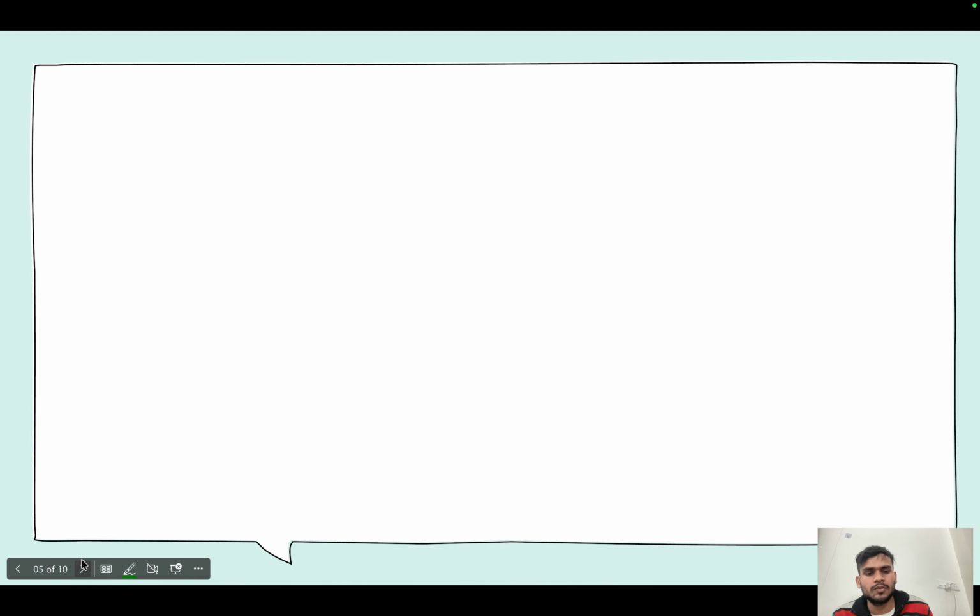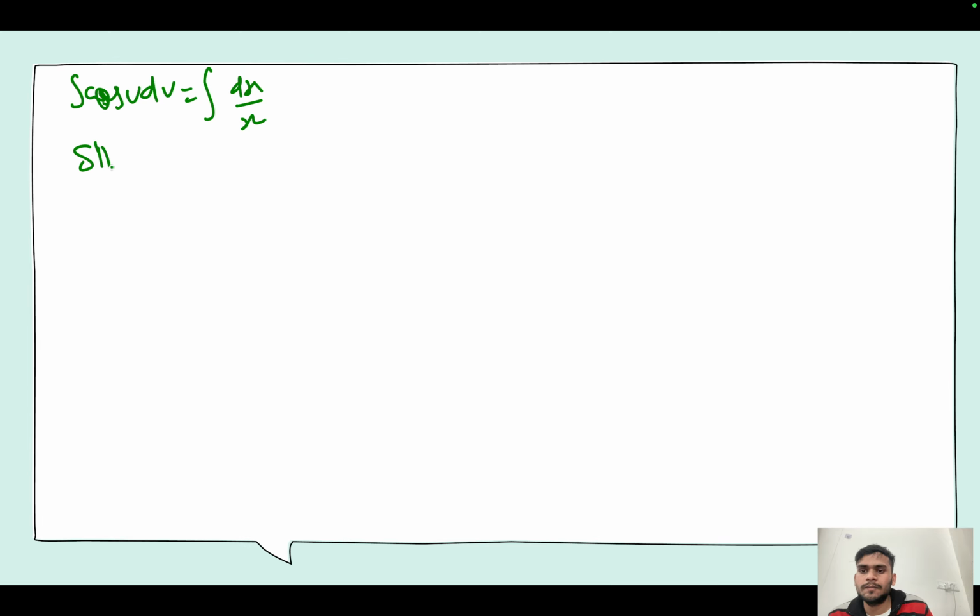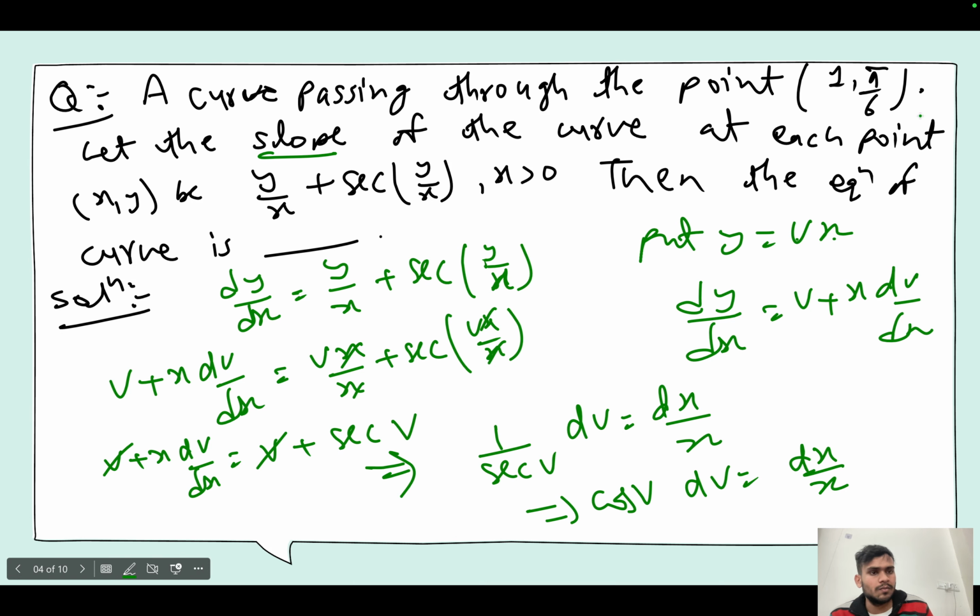Now integrating on both sides, after the integration cos v dv is equal to dx by x, this will become sin v, this will become ln x, and this will become plus c. They have given us a condition, the point (1, pi by 6).